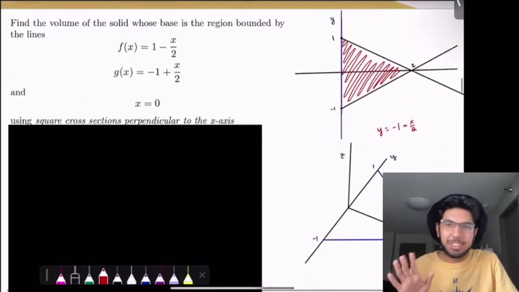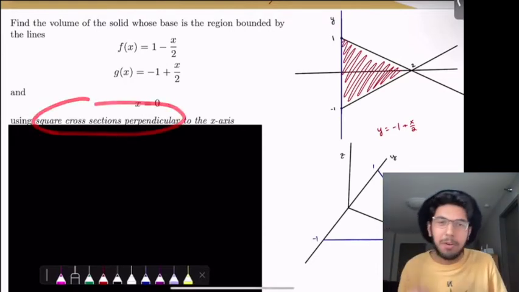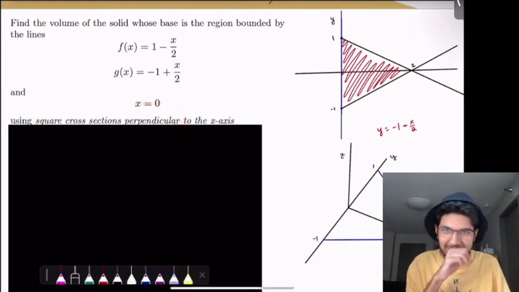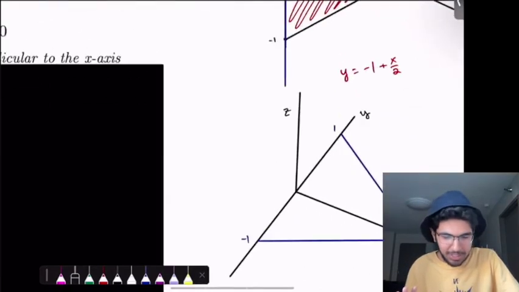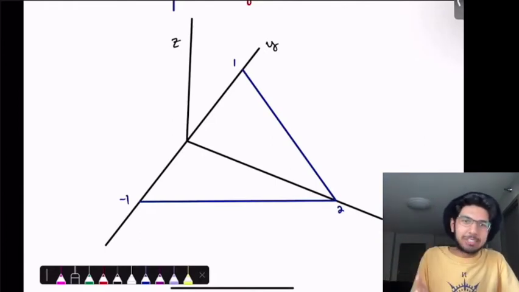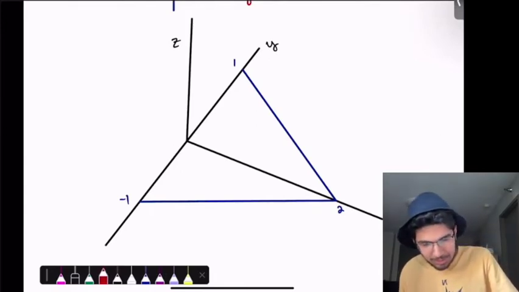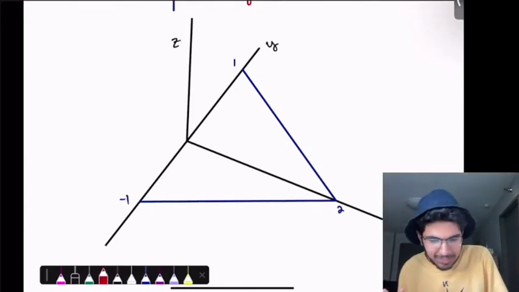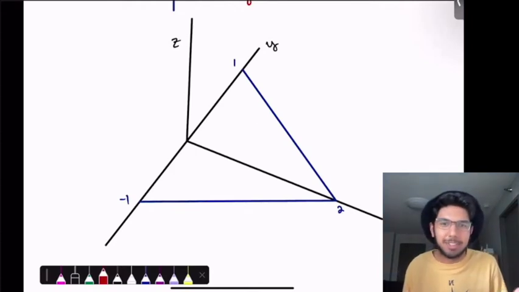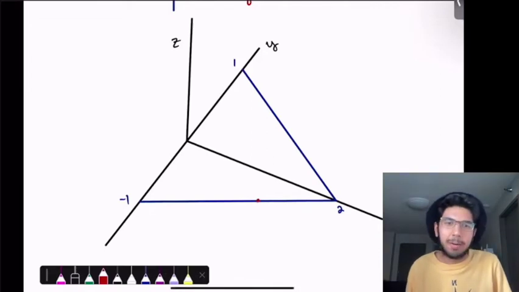Now we have to make it three-dimensional using square cross-sections perpendicular to the x-axis. Okay. So we've drawn our base. Now we have to consider when we slice down on this figure, we need to be getting square cross-sections. So let's just take some location within this figure along the edge here. Somewhere there, okay?